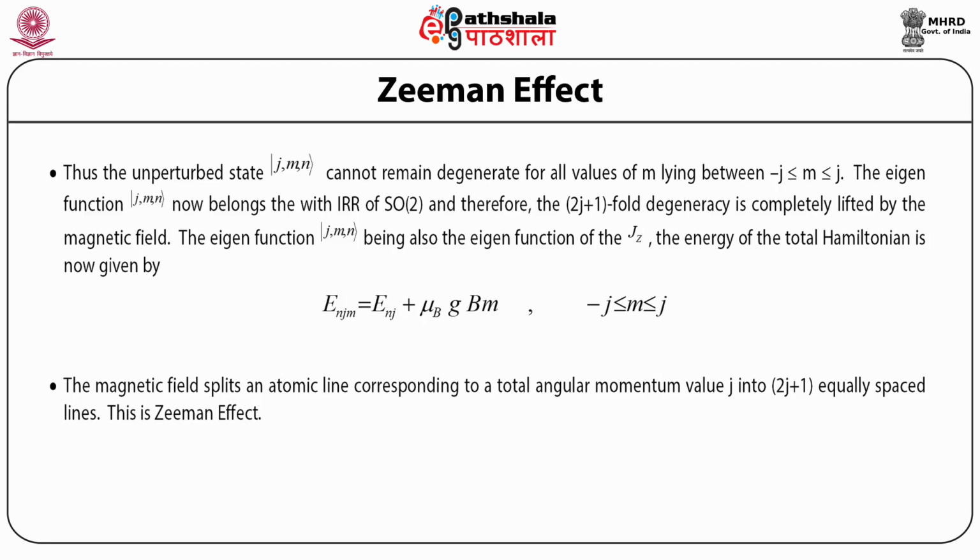Thus the magnetic field splits an atomic line corresponding to a total angular momentum value J into 2J plus 1 equally spaced lines. This is called the Zeeman effect.